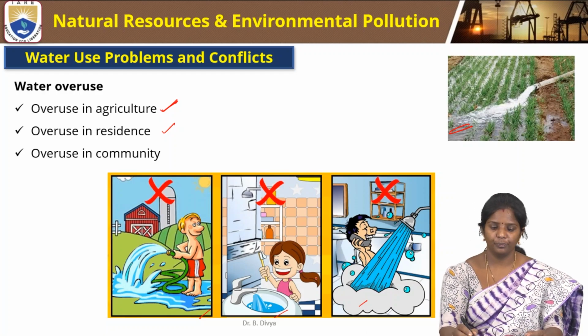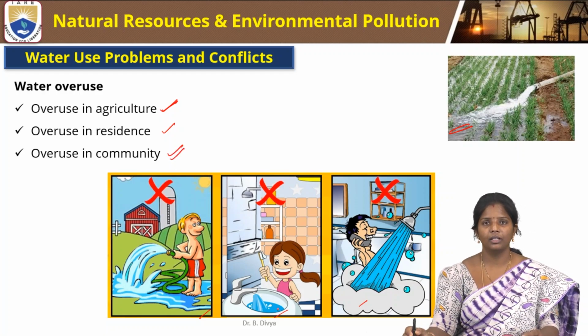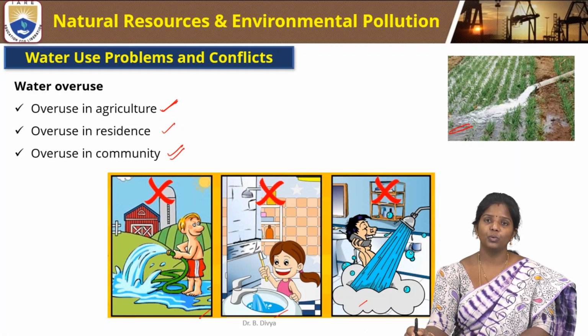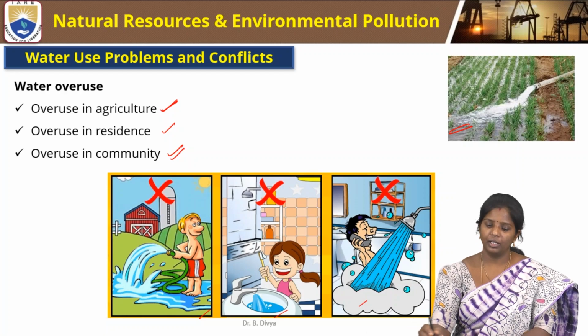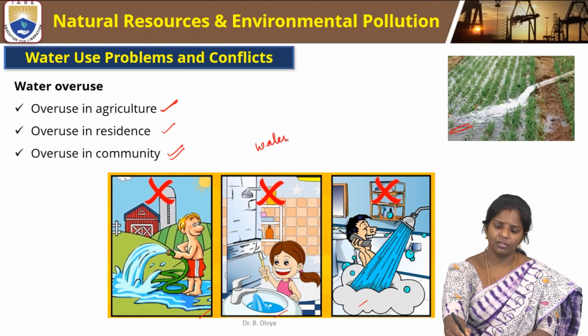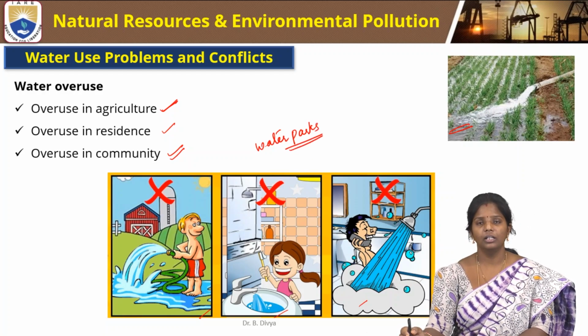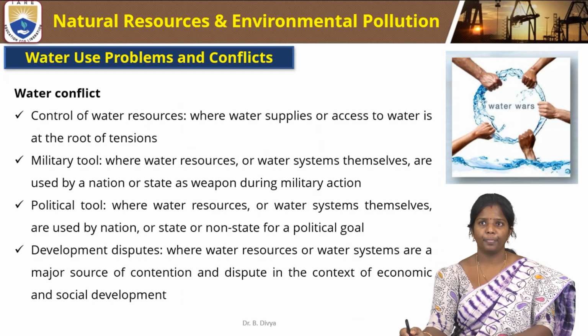And in the community, for recreation, we are building swimming pools and water parks, which use a lot of water. We keep on using and draining out the water for our recreation purposes. That is an overuse of water.